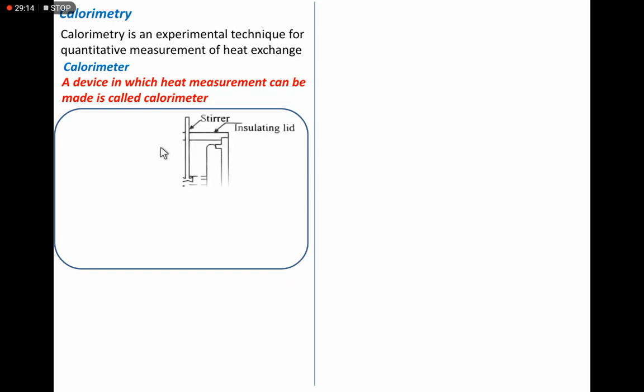Okay, so the device in which heat measurement can be made is called a calorimeter, or the device which is used for measurement of heat is called a calorimeter. Whatever words you want to use to define the calorimeter, you can use. And the diagram.